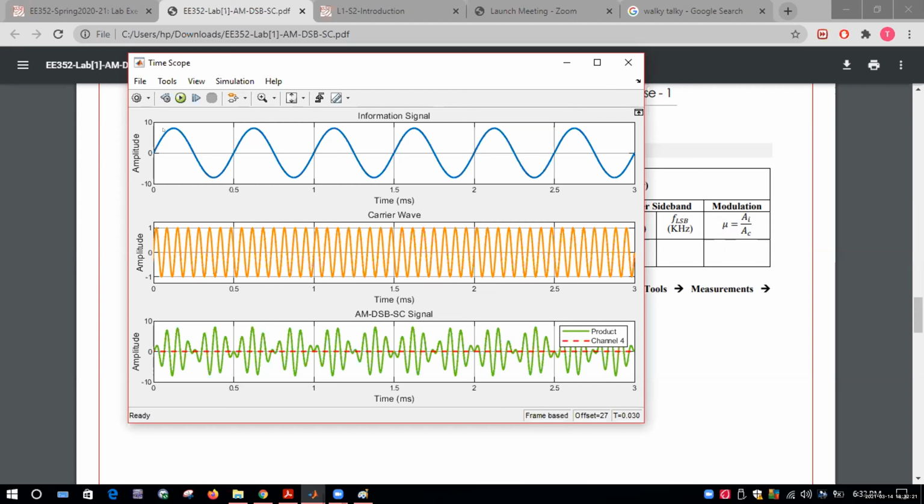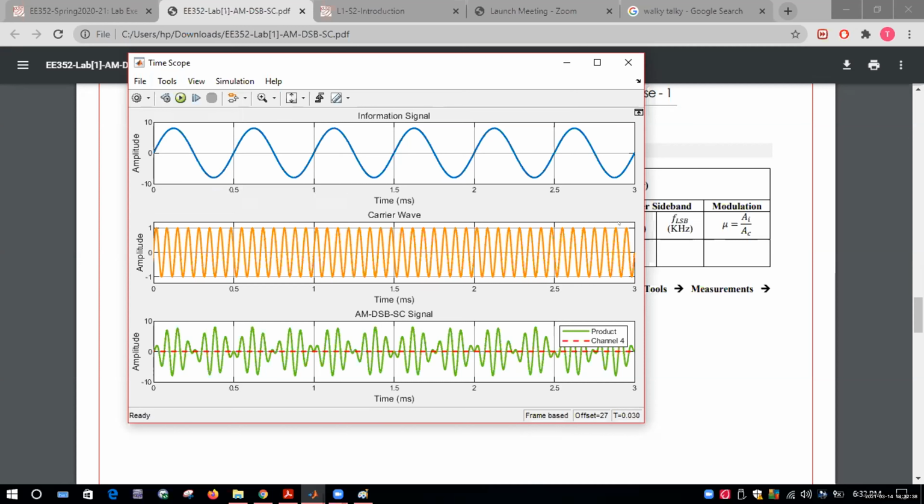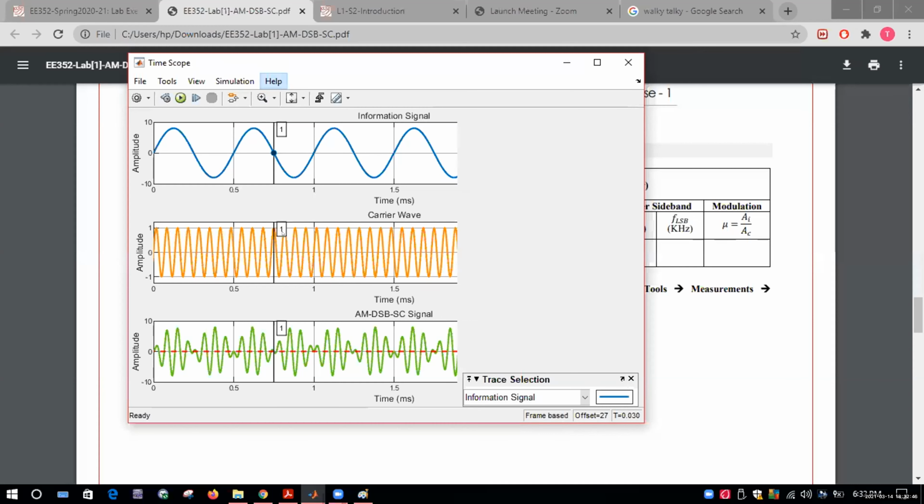No, not 10, maybe 9 or so. You don't know exactly. But you can go to tools, measurements, and cursor measurements. Click on it. Now you will have cursors available. One minute. Yeah, you see this one cursor now?